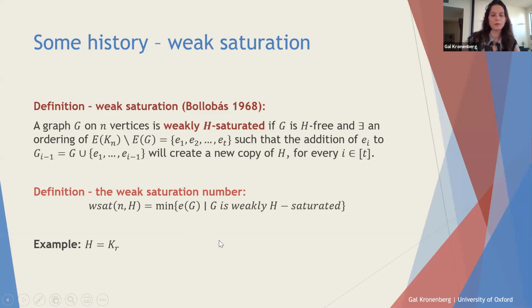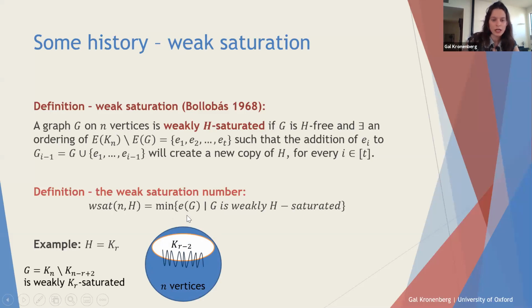Another example will be the complete graph on n vertices. I want to claim that this graph G, where I have a clique of size r-1 and a complete bipartite graph, and that's it, with all the rest of the vertices isolated, is weakly K_r saturated.